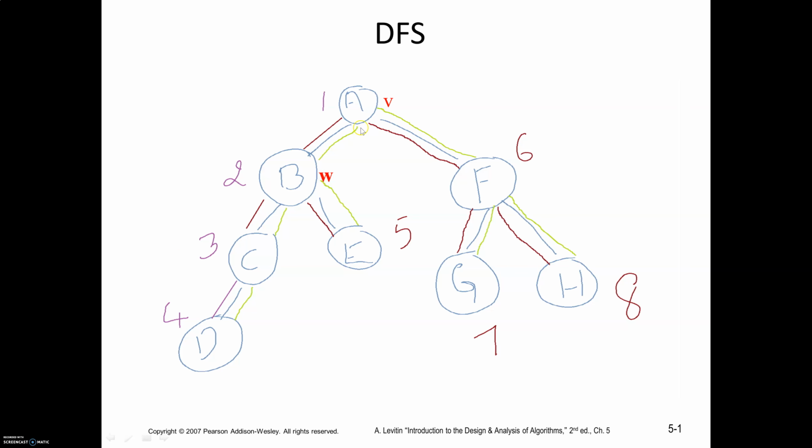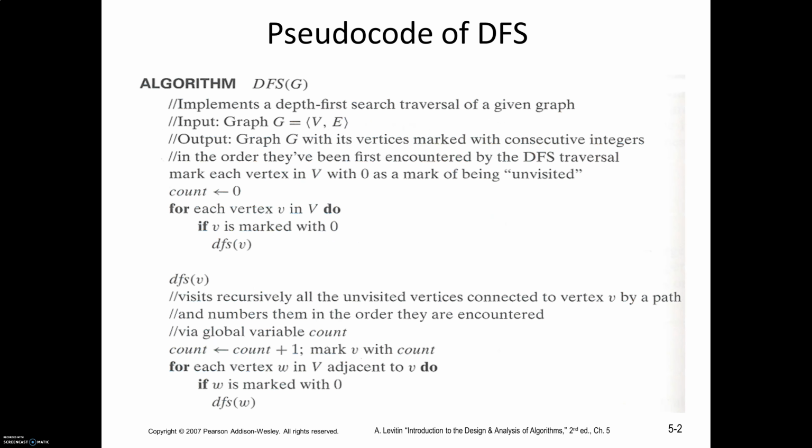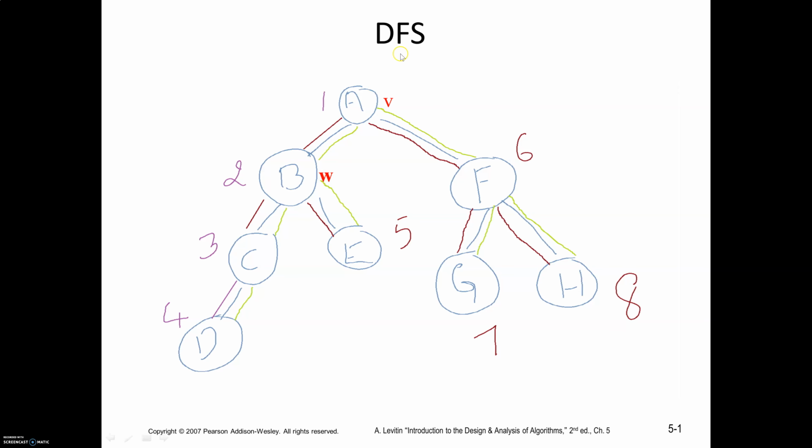Here, initialize all with value 0, then set the count equal to 0. For each vertex V, if it is marked with value 0, then invoke DFS and increment count by 1.